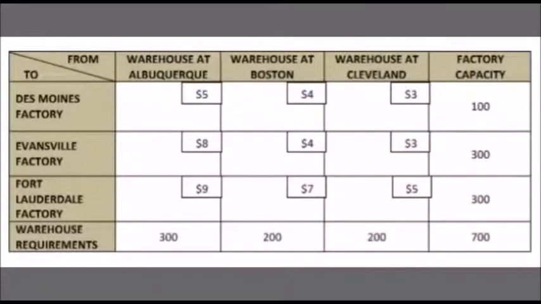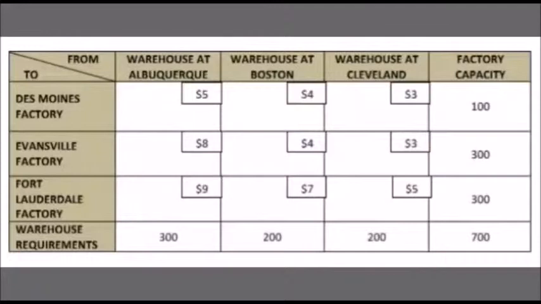In each factory, we have an estimate of its monthly production capacity. For the Des Moines factory, we have 100 units, Evansville is 300 units, and we also have 300 units for the Fort Lauderdale factory. So we also have a monthly demand in each warehouse.